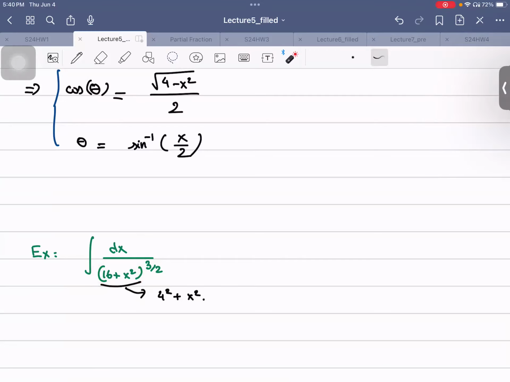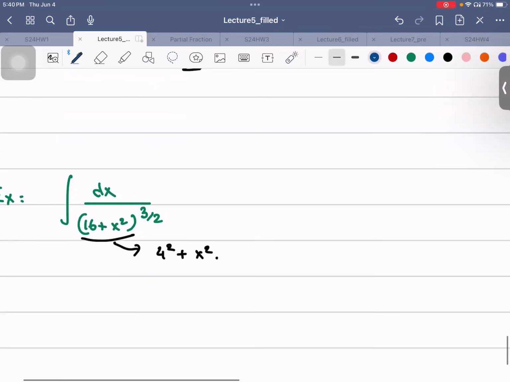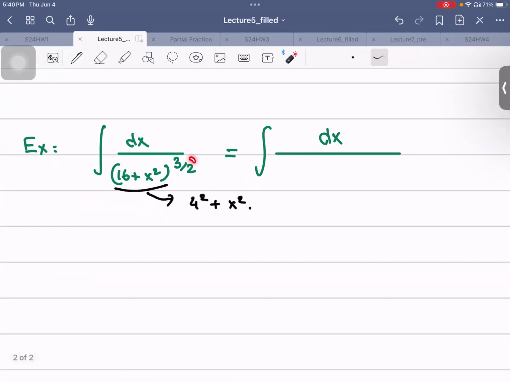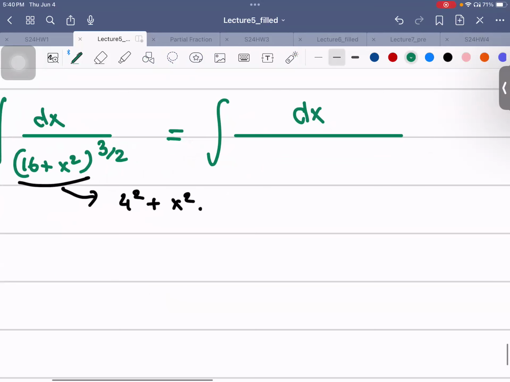So the point is, if you want to rewrite this a little bit, the power of 3 halves is a little weird, but if you have the half in the power, you can translate it into the square root.